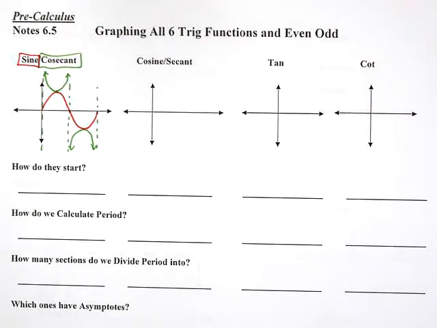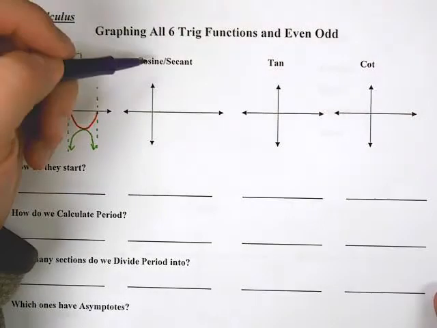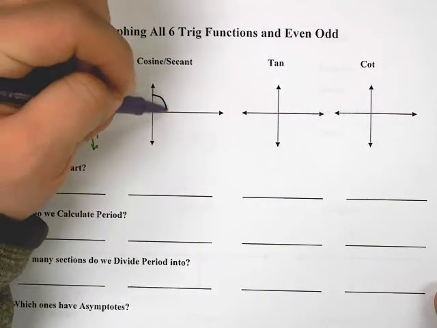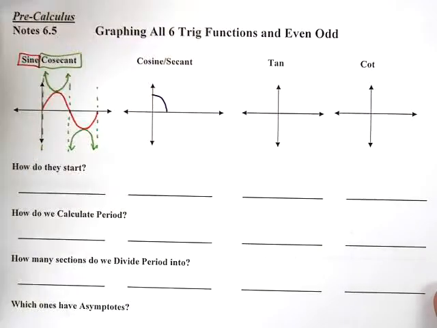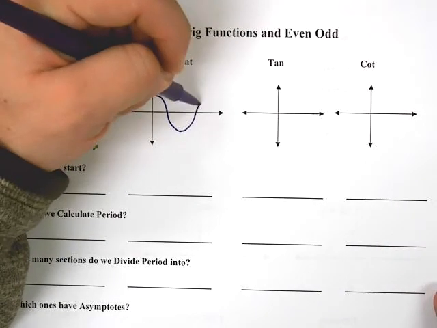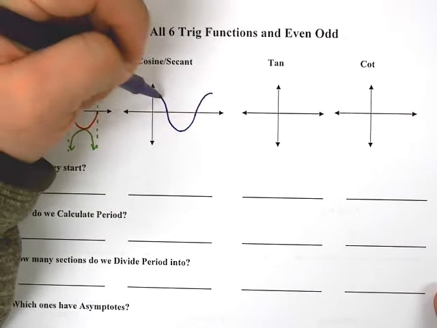Well, we can do the same thing with cosine and secant. All right, if we take a look, cosine we know starts at either a max or a min. We'll talk about starting at a max and then down to 0, and then down to a minimum, and then back, and then finally back up to finish off the cycle, one period.